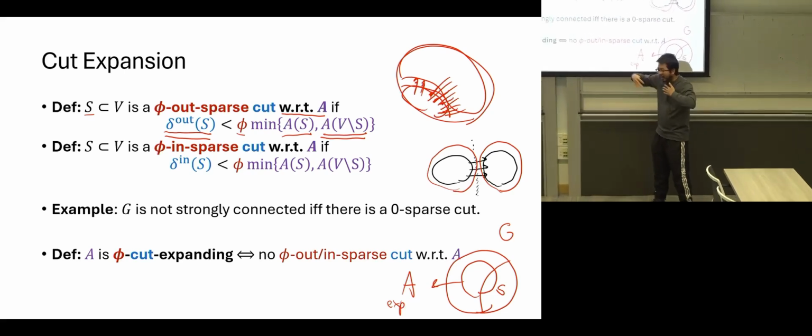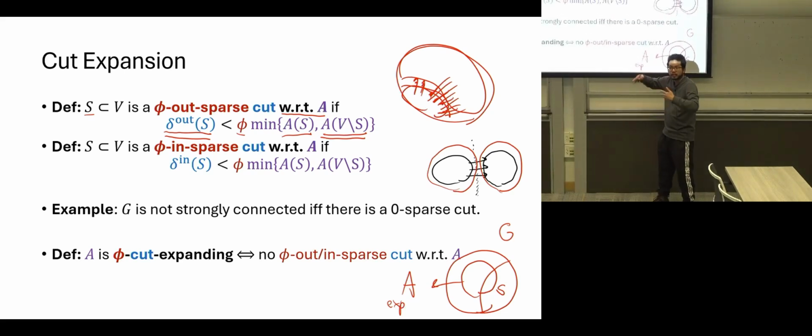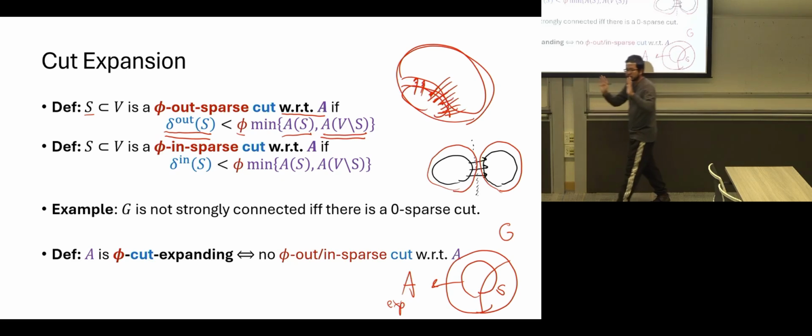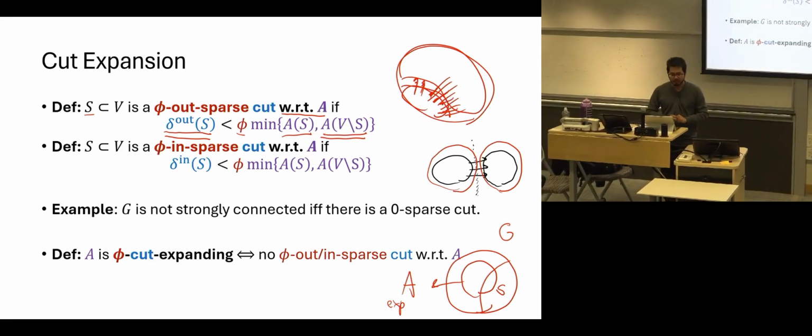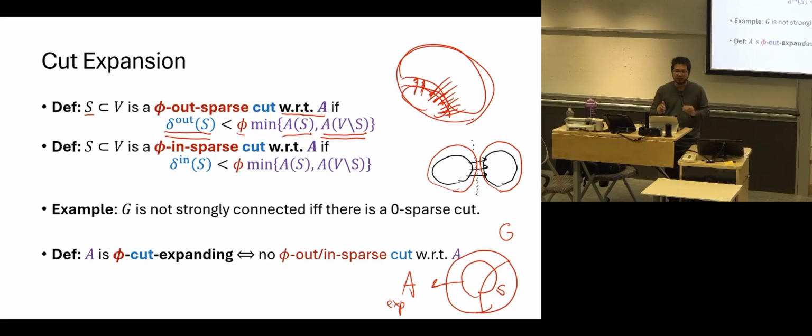It's a lot of edges in both directions crossing the cut. So many edges on both sides, those are the keywords. Okay, so that's cut expansion. Questions about this notion?